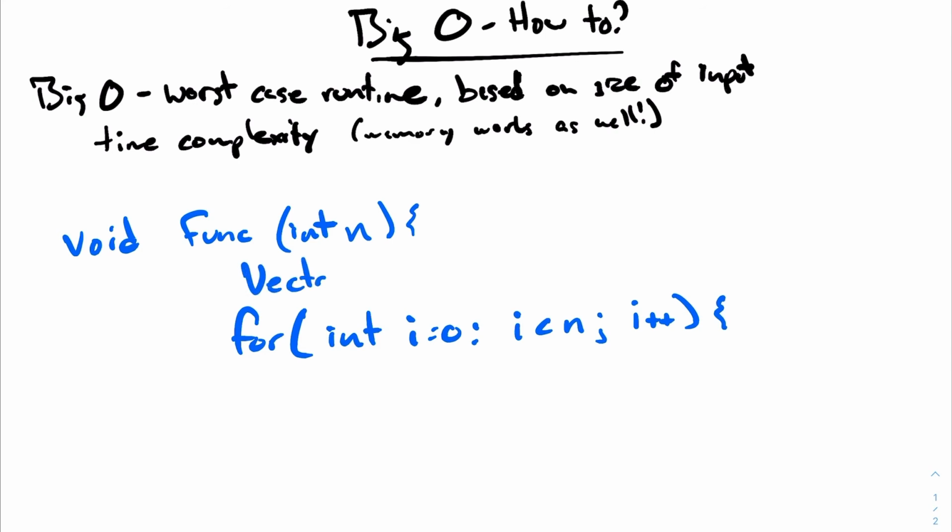I'm going to create a vector of integers, I'm going to call it v, and I'm going to do v dot pushback i. What is the worst case runtime of this function? I'll let you think about that for a second.